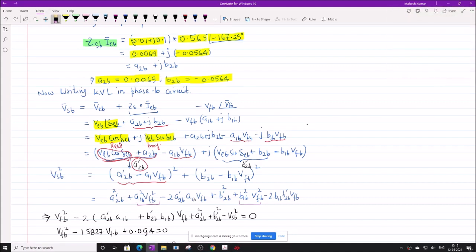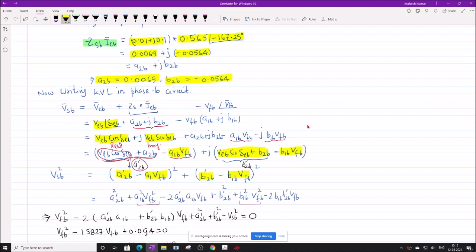So this is A1 VFB here. This whole side we assume as B2B dash, and this is B1 VFB. So this becomes (B1B dash minus B1B VFB) whole square.